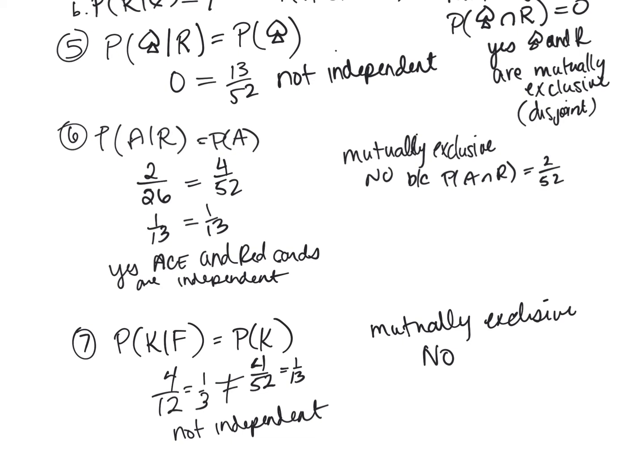The spade and the red are mutually exclusive because none of the spades are red. Your ace and face cards are mutually exclusive because the aces aren't considered face cards. But a king and a face card is not mutually exclusive. An ace and a red is not mutually exclusive because you can have both.